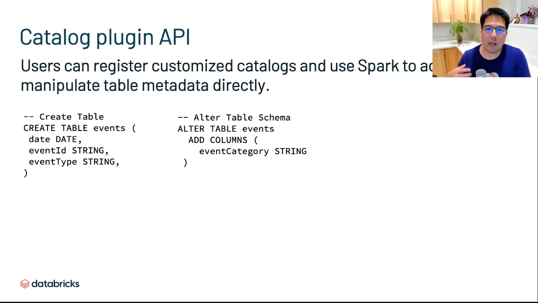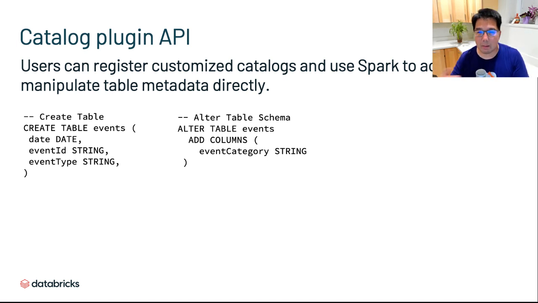This can give the end users a much more seamless experience accessing their external tables. So now end users only need to register the catalog once, and then access and manipulate the tables in a catalog directly, while before, end users had to register each table. So now, if I'm doing the create or the alter, I want that information in that single catalog.